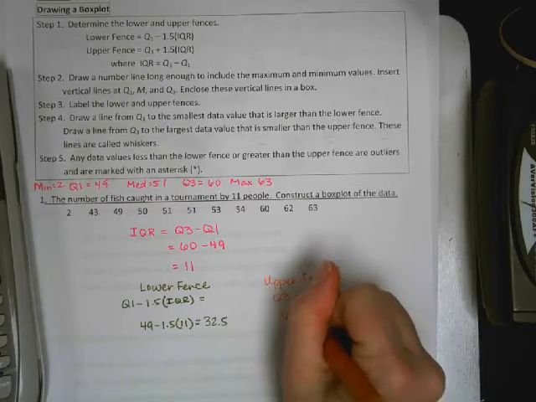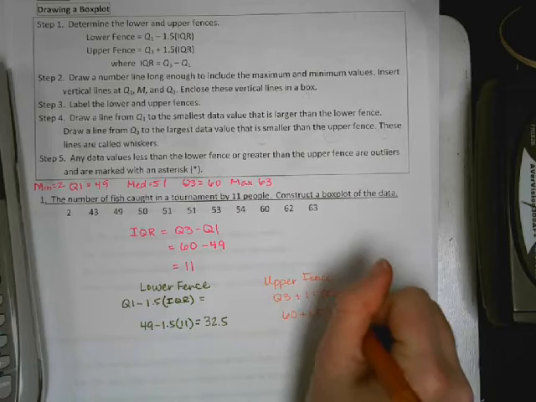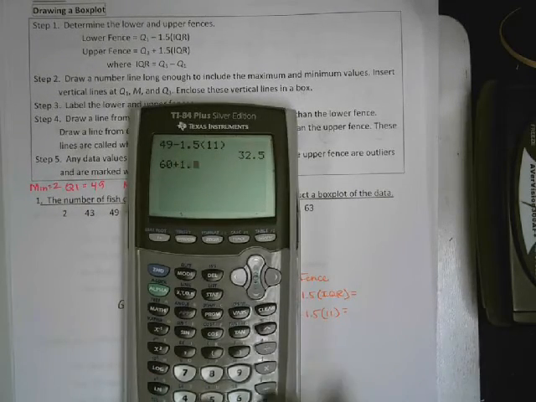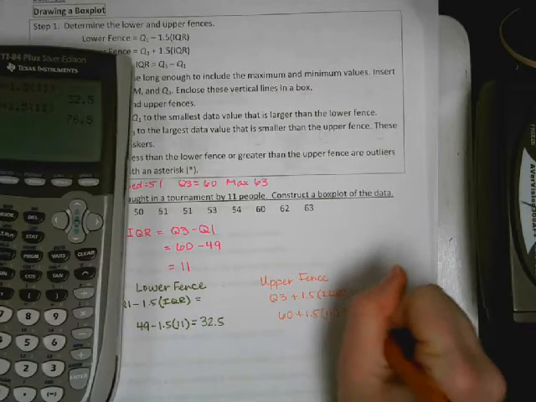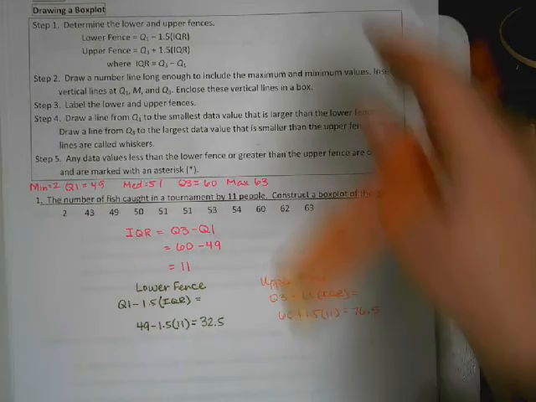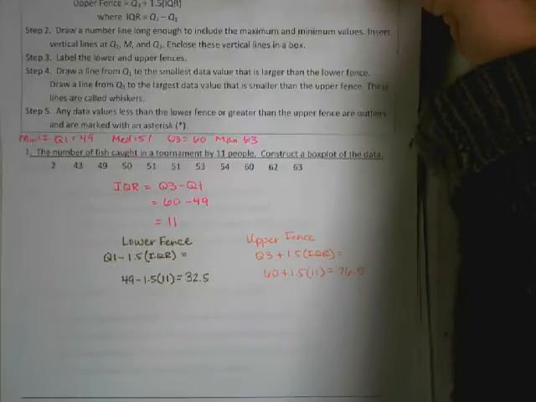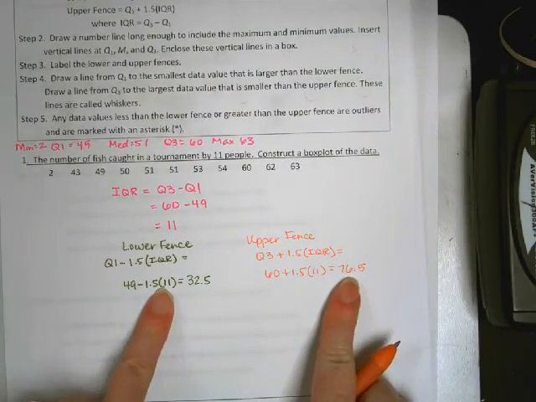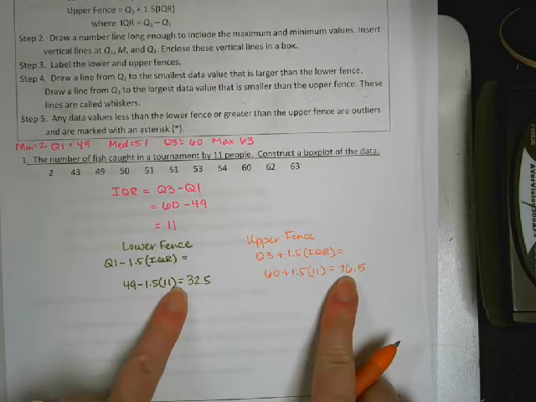So 60 plus 1.5 times 11. All right, so remember, those values are what we're using to determine whether or not we have any outliers, which we do, but we will deal with them in just a minute.